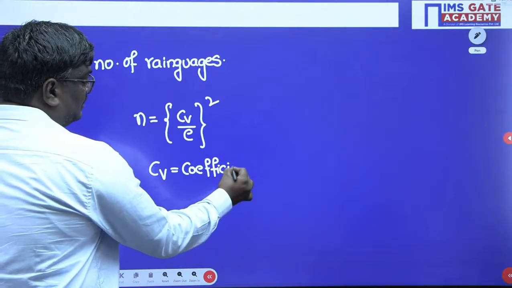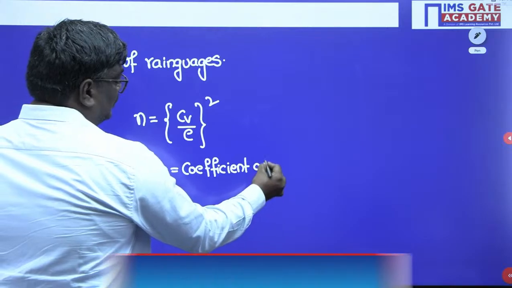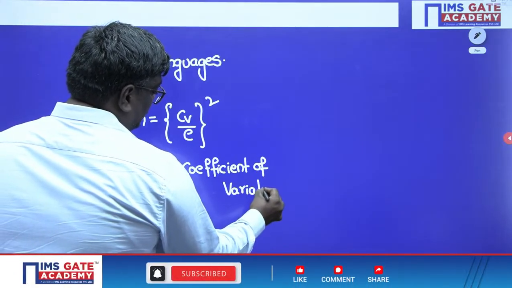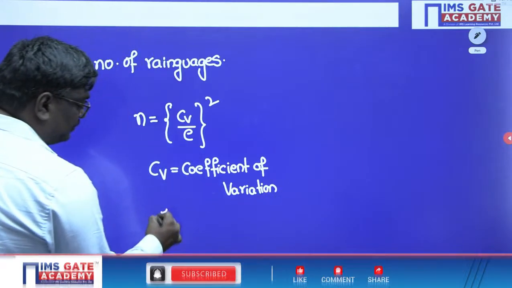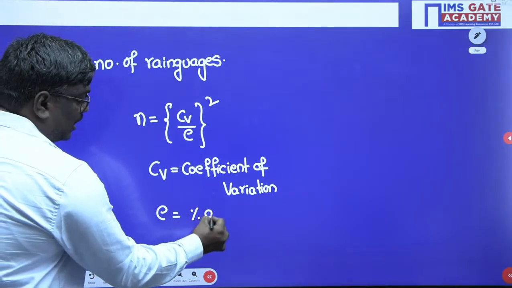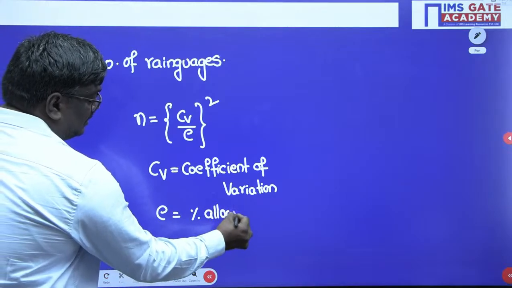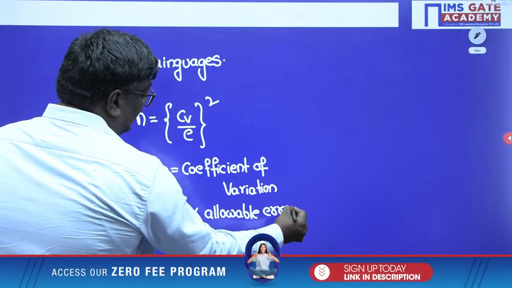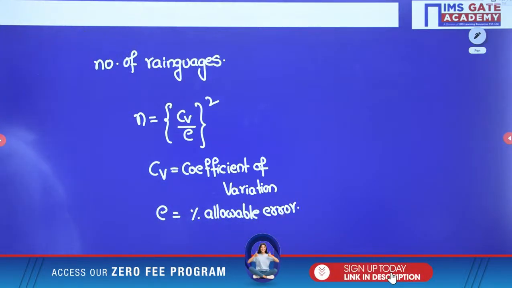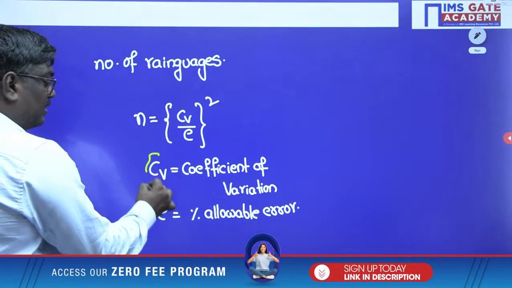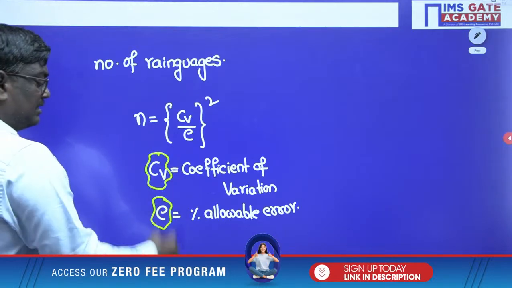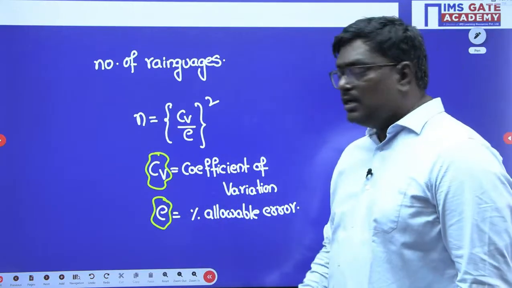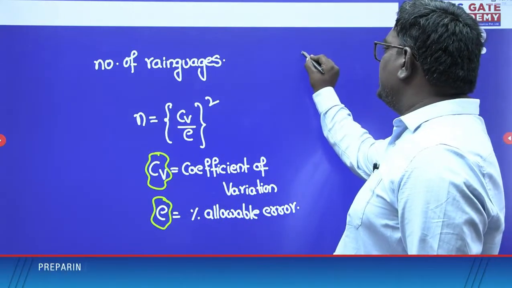And E is the percentage allowable error. Agree, my dear students? What is CV here? CV is the coefficient of variation. E is the allowable error in percentages.